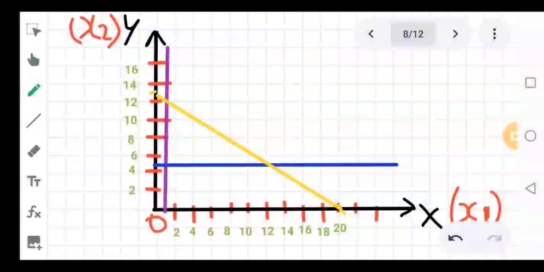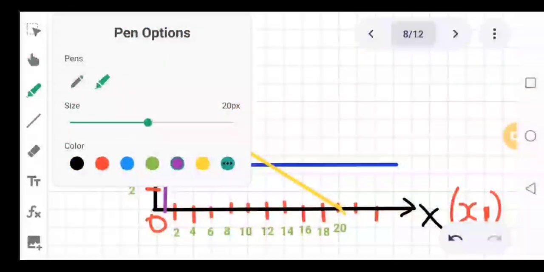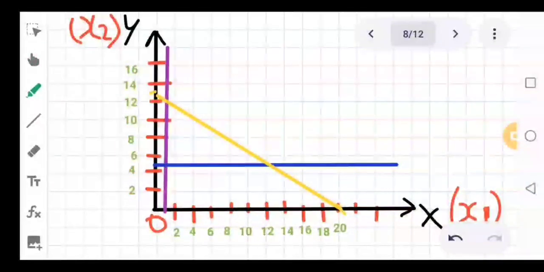So now we need to shade. So let us shade towards the origin. So it will be proper shading, okay, from this line towards the origin. So this is the shaded portion. Why am I shading it towards the origin?